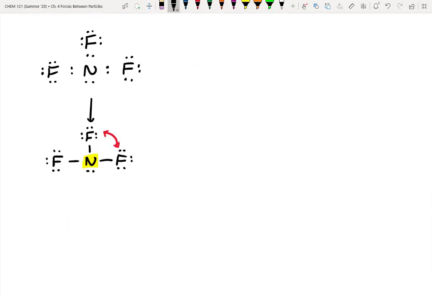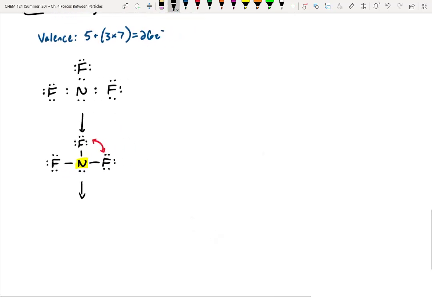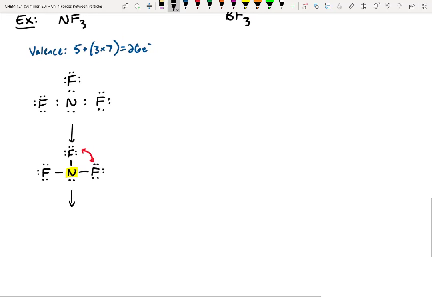So let's go ahead and kind of redraw this using a little bit different form. Sorry, I'm going to zoom out so I have more room. And I would go ahead and I'd say, well, we're going to have kind of three legs sticking down. So I'll do one of my fluorines like this. I'll do a wedge. This kind of means that one fluorine is sticking out towards us.